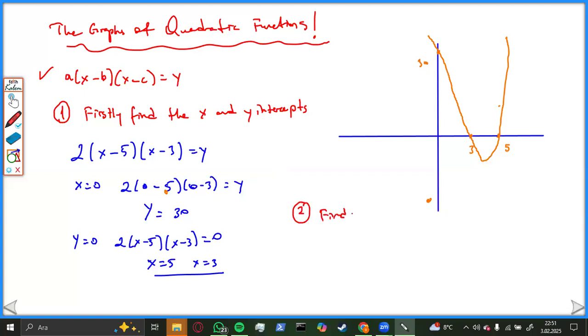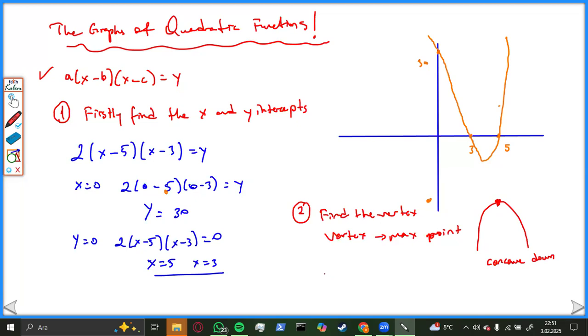So our second step right now is to find the vertex. Actually, the vertex is the maximum point if the shape of the quadratic function is concave down. If the shape of the quadratic function is concave down, that time the vertex is the maximum point. This is the vertex.